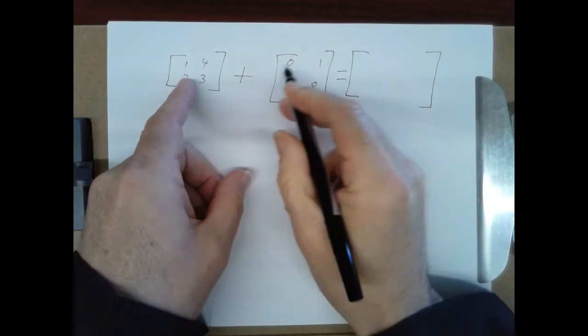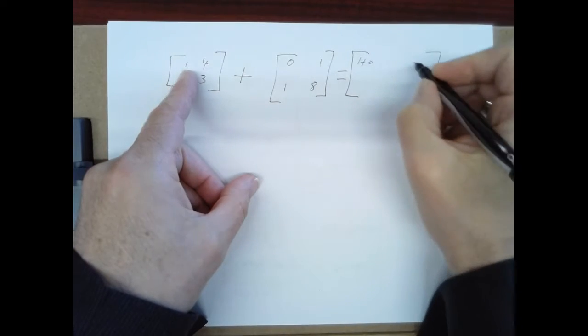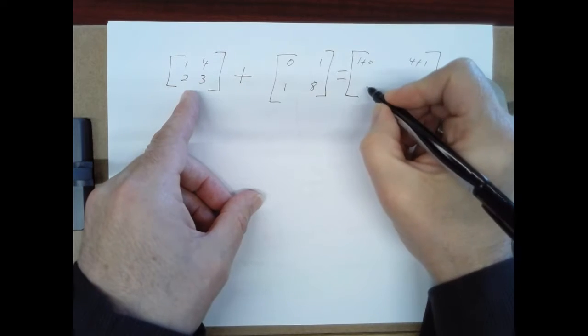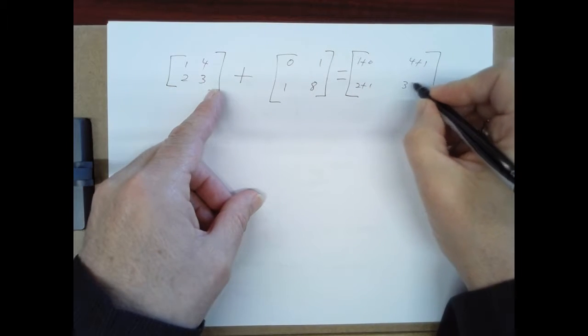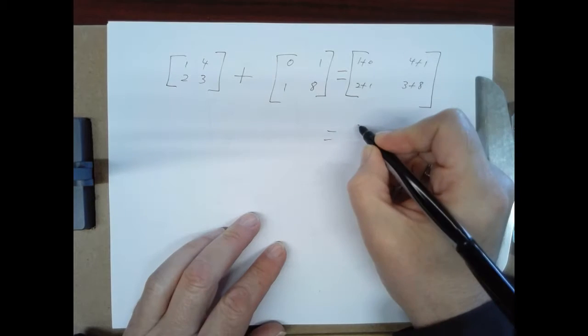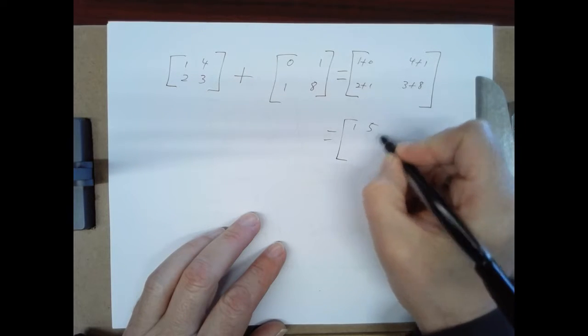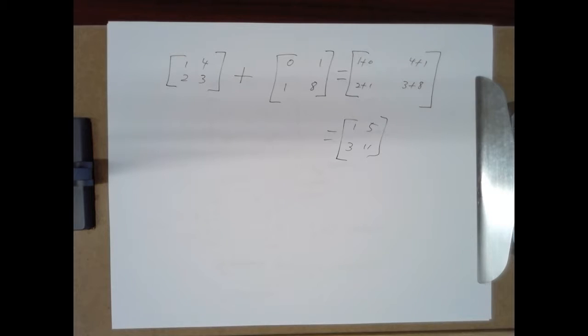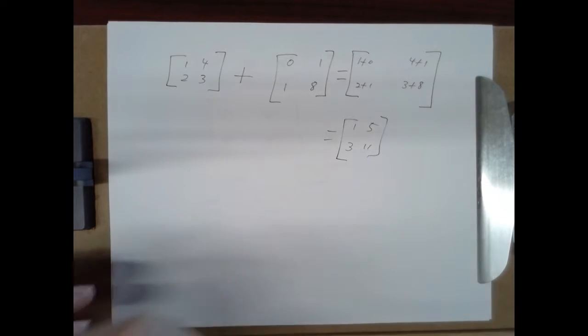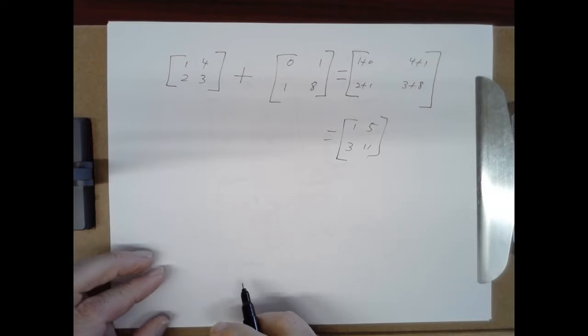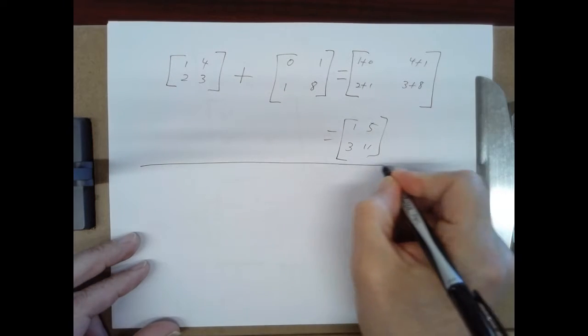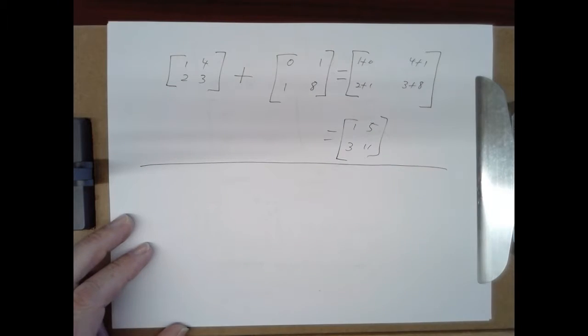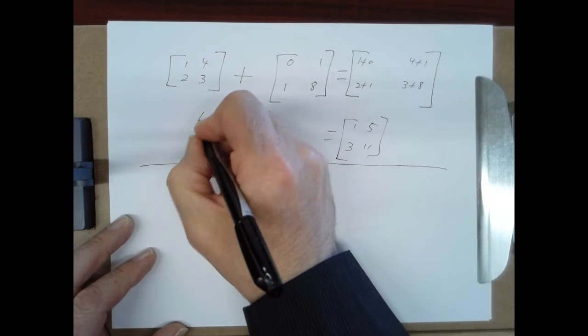So this is equal to 1 plus 0, 4 plus 1, 2 plus 1, 3 plus 8, which is just the matrix 1, 5, 3, 11. And we can define subtraction the same way. So this is addition.